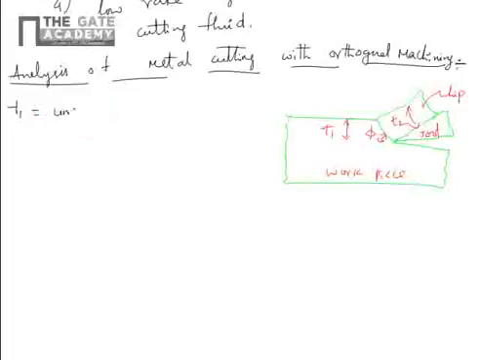T1 is also called uncut chip thickness. Chip thickness before cutting, that is called uncut chip thickness. T2 is chip thickness.